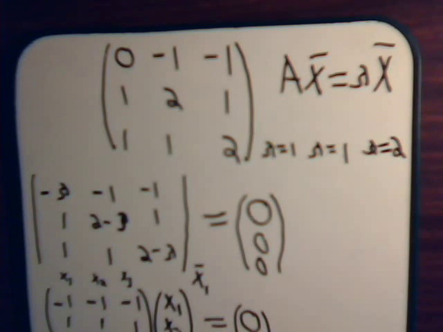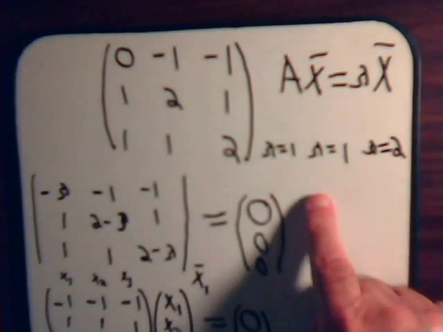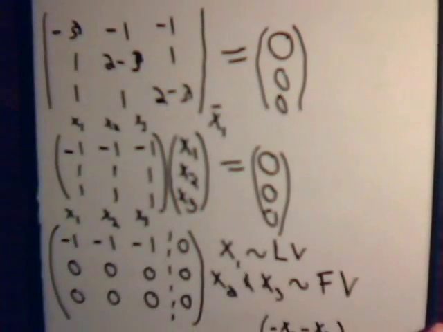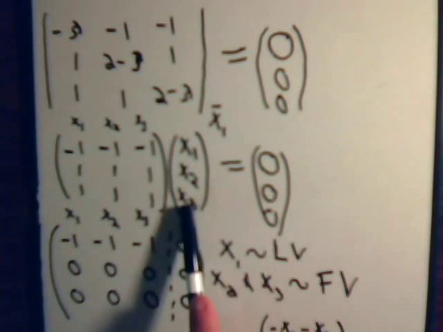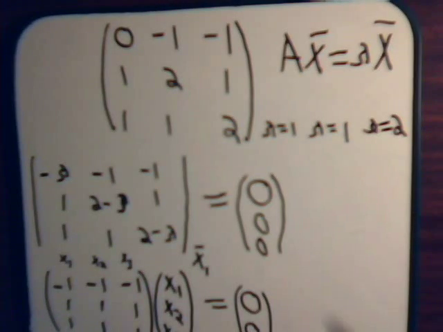So what we have here is this. When lambda equals 1 and we form this matrix right here, for this particular problem, the dimension of the null space is 2, because for this particular problem it has two free variables. Therefore, that guarantees us two eigenvectors.